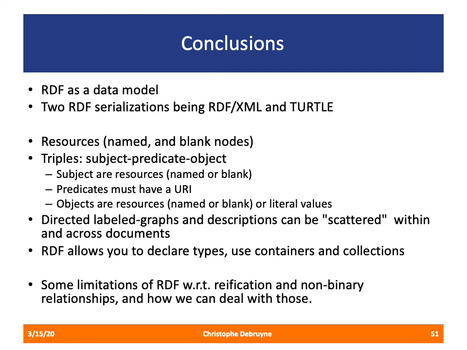We've also covered some limitations of RDF, namely those to do with reification, making statements about statements, and non-binary relationships, where we have to transform those into resources because RDF only supports subject, predicate, object. So we've seen how we can deal with those limitations in RDF.